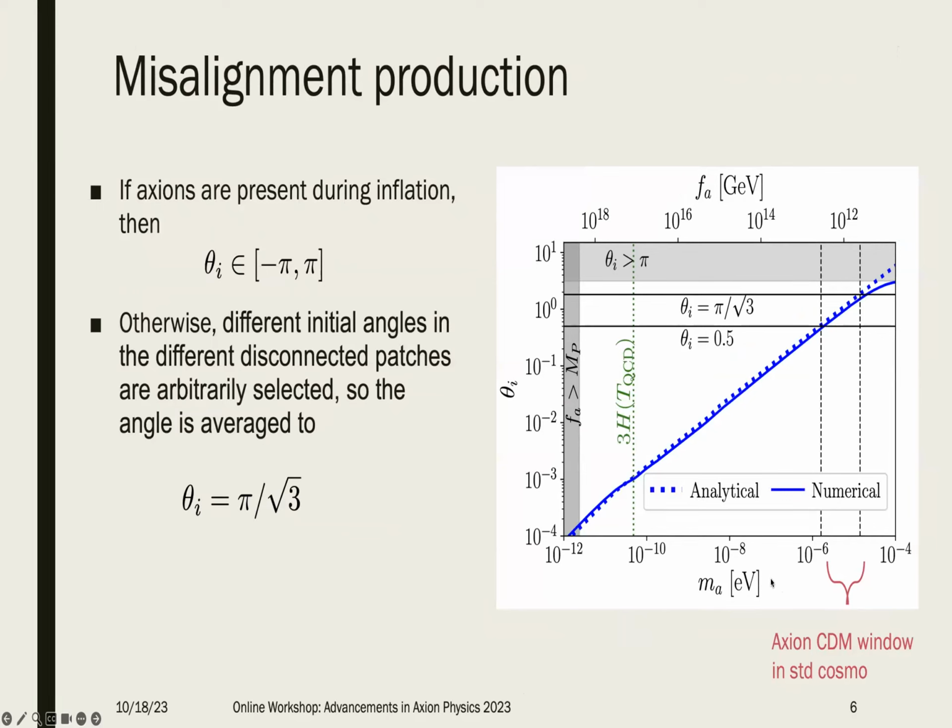In order to account for the two possible scenarios, an axion in the pre-inflationary era or post-inflationary era, we selected these two values of the initial angle, and therefore we can talk about a window of axions produced by the misalignment mechanism that one would call natural. So this is what I will be referring to as the cold dark matter window in standard cosmology, this mass range here.